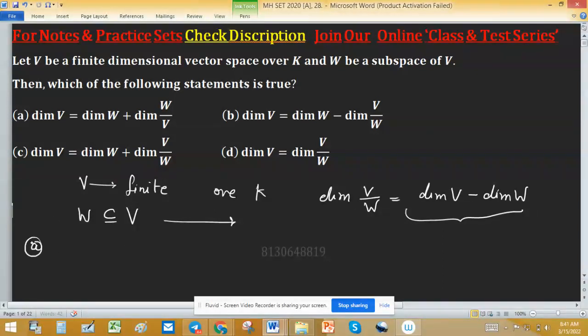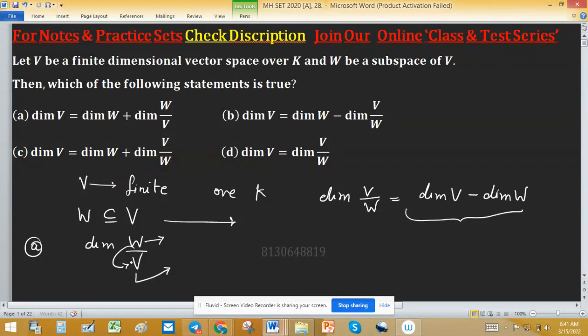In option A, dimension of W over V, meaning the quotient space W over V, cannot be defined, because in our case the vector space should be on top and the subspace below.